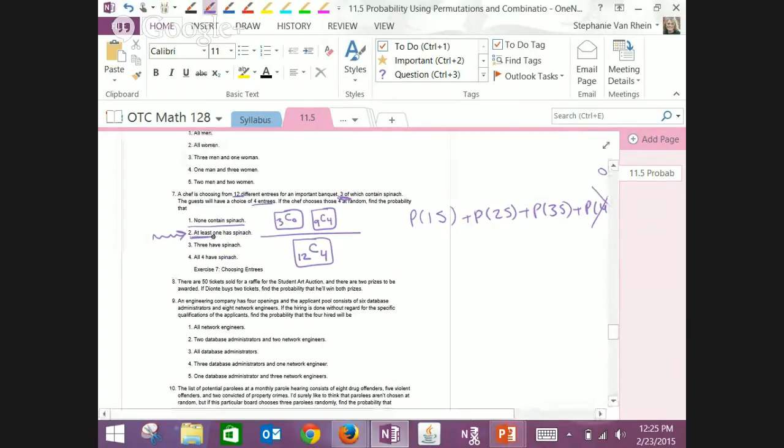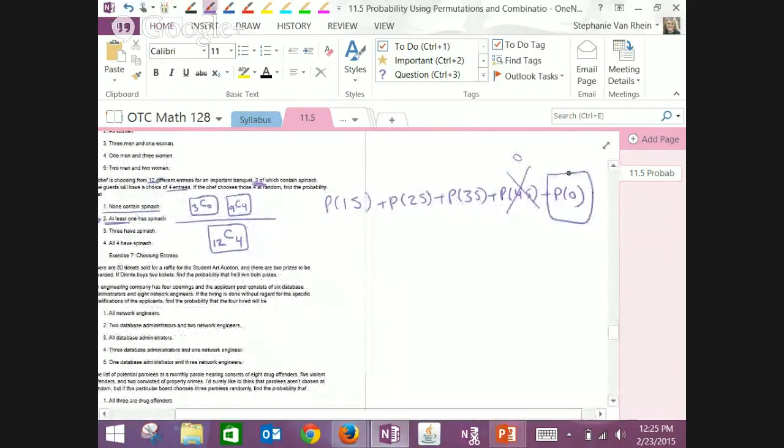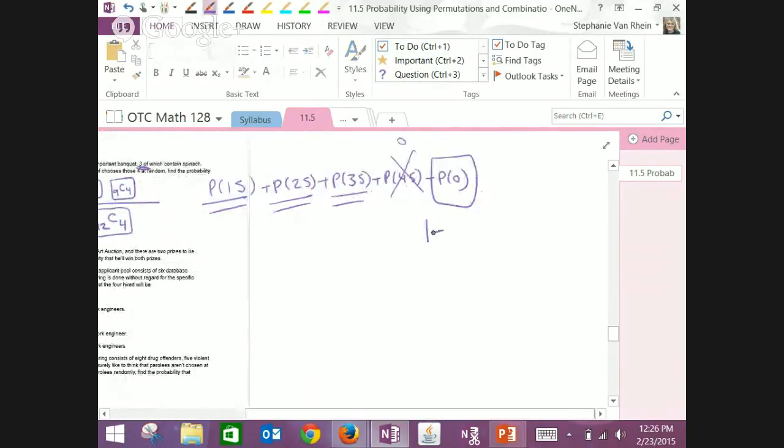So for at least 1 with spinach, you could find the probability 0 of them have spinach and then take 1 minus that number. You get the same thing as taking the probability 1 has spinach plus the probability 2 has spinach plus the probability 3 has spinach. You guys kind of see that? The properties of probability: the probabilities of each individual outcome add up to 1.